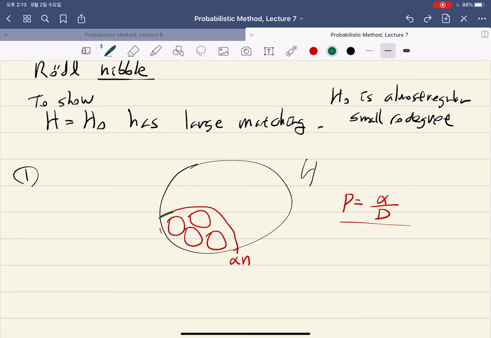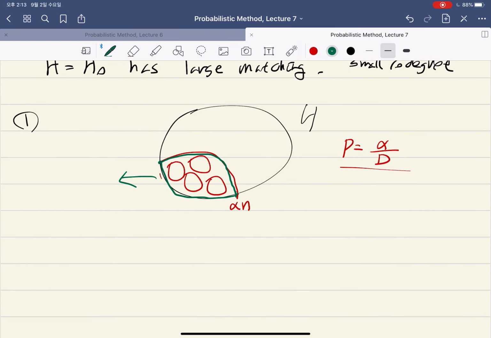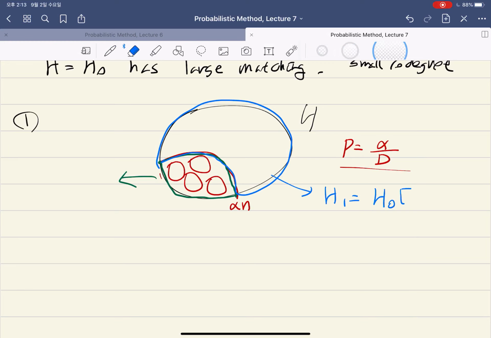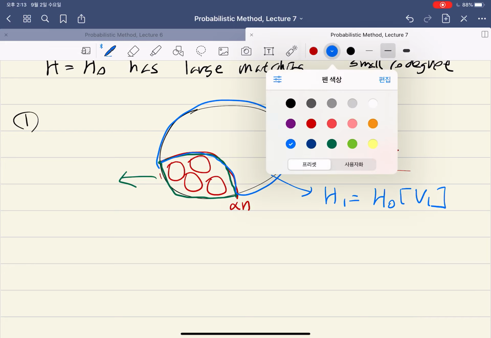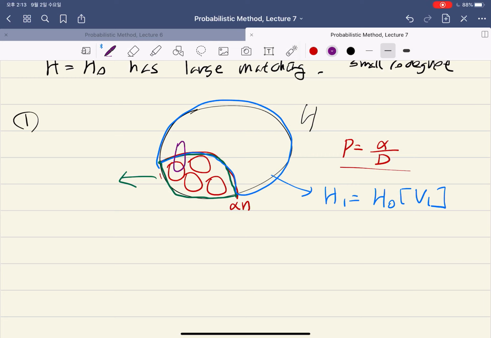Then you delete these vertices, you take out these vertices, and you also remove the edges containing them. Then you take the remaining vertices, and let H1 be H0 on these remaining vertices, say V1. Of course, there could be some edges which were lying in there, but after deletion, they are gone.